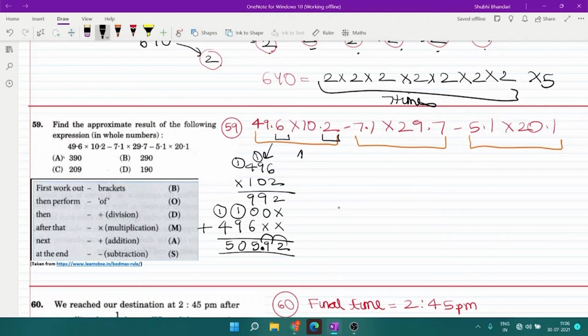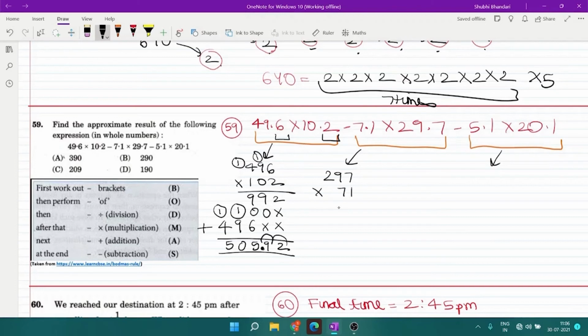If this was 4.96 into 10.2, then there are three decimal places, 9, 6 and 2. So then we would have given three decimal places and we would have put the decimal point there, 50.592. Right now, our answer is 505.92 since there are only two decimal places. Similarly, let's evaluate these two.